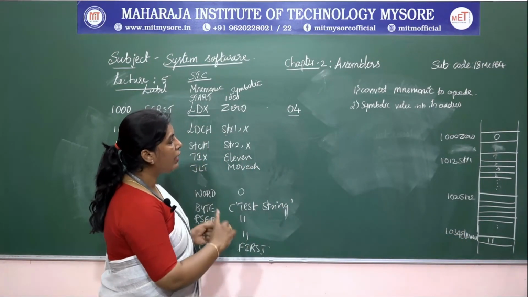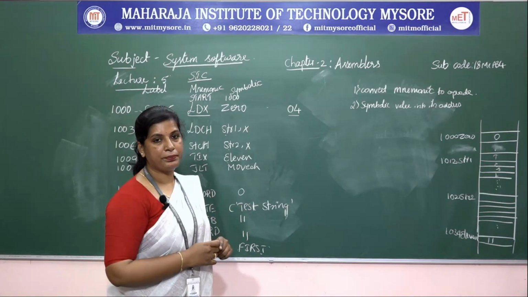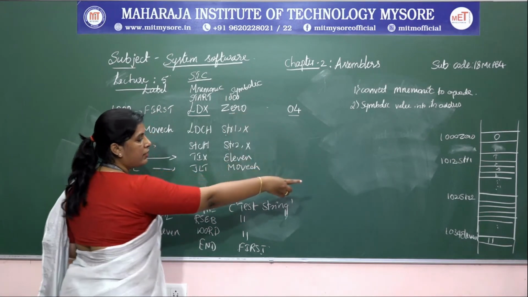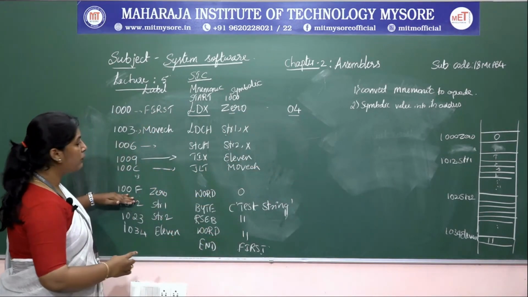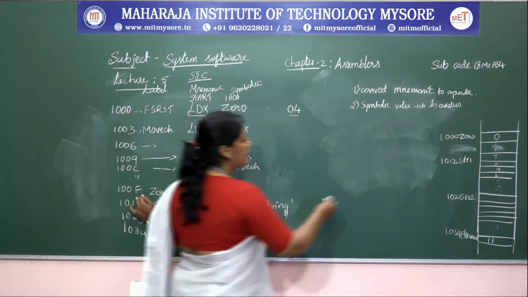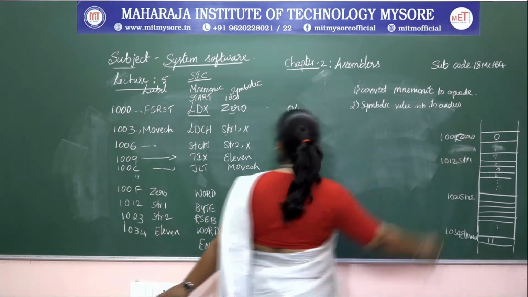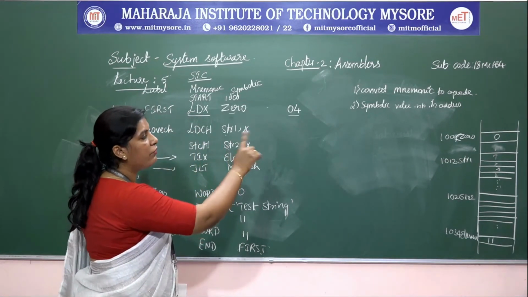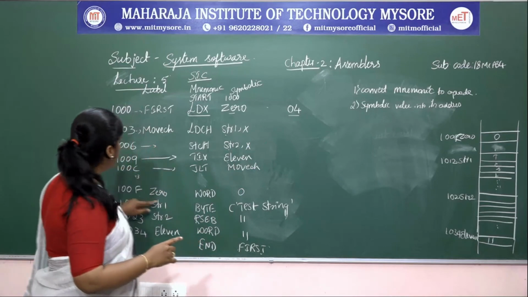After converting the symbolic value into its address, since it is direct addressing, where is 0 actually present? It is at the memory location 100F. So it is going to convert the symbolic value into its address. What is the address of 0?